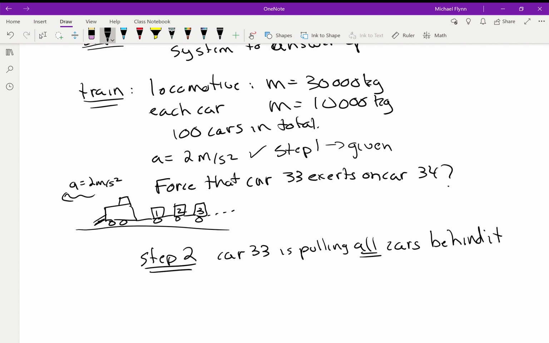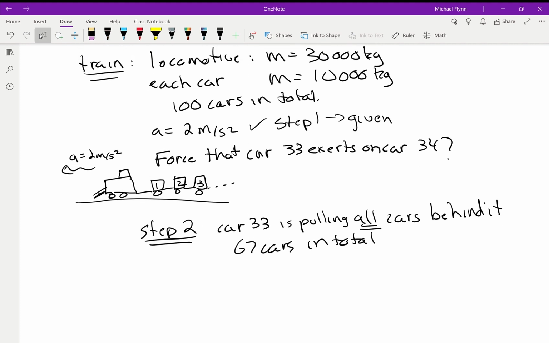Well, if we number the cars from 1 to 33, that's 33 cars at first. 100 minus 33 is 67 cars. So there are 67 cars left, 67 cars in total.